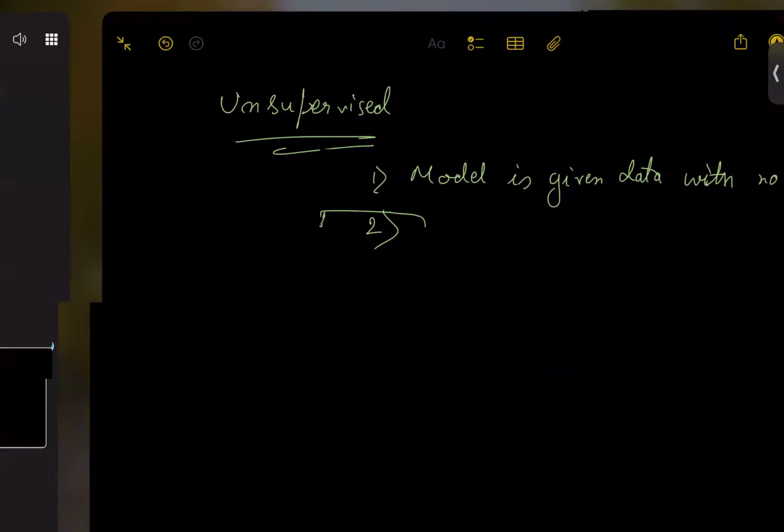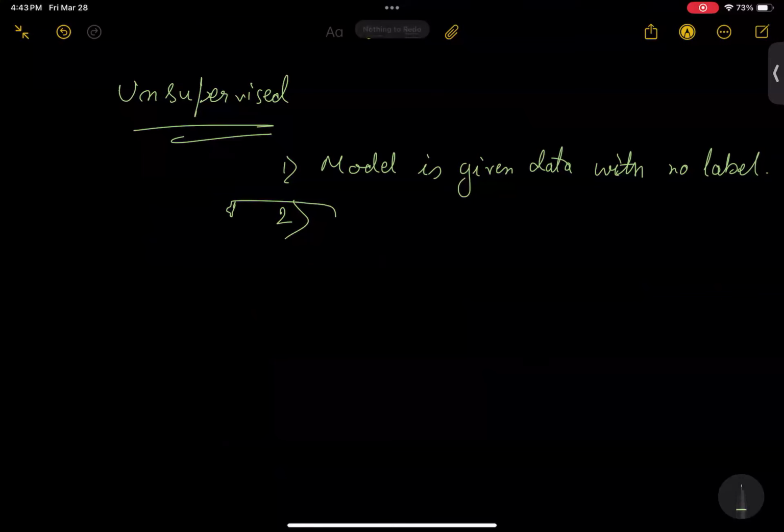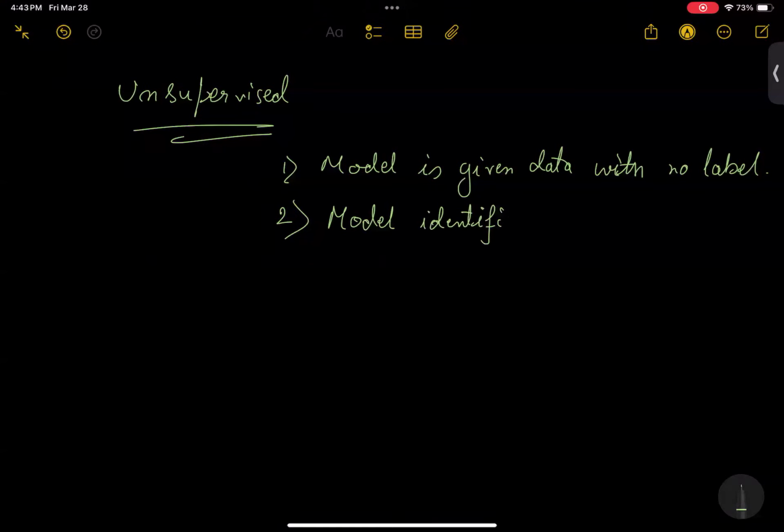The model identifies the pattern or grouping by itself.